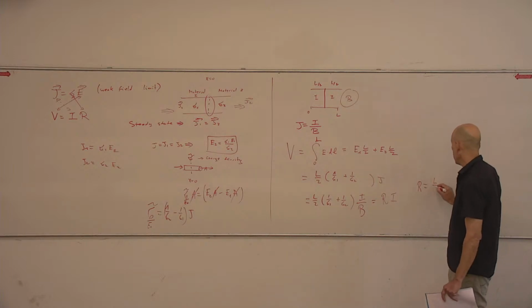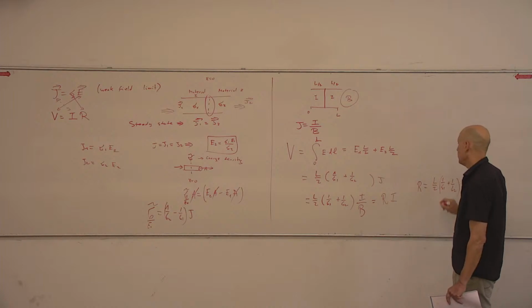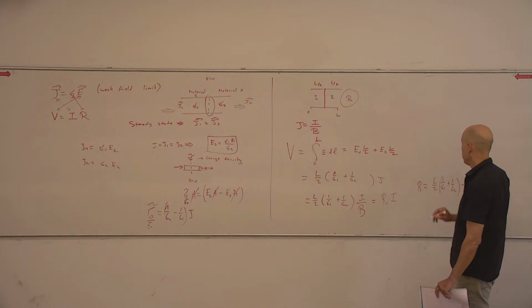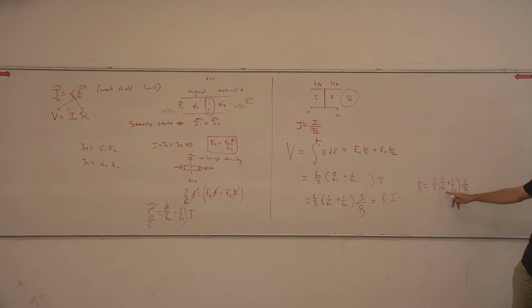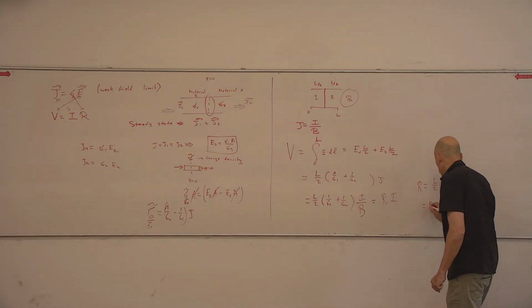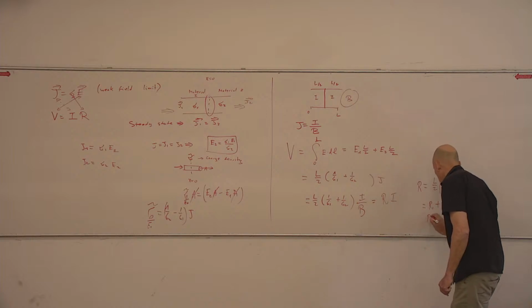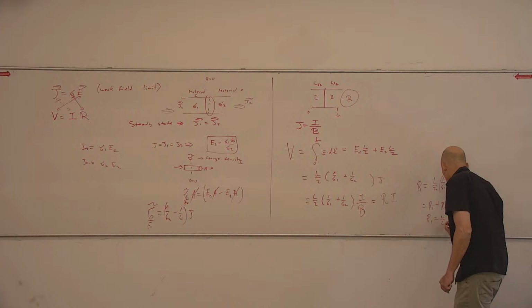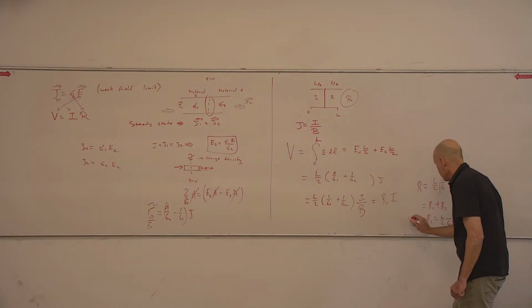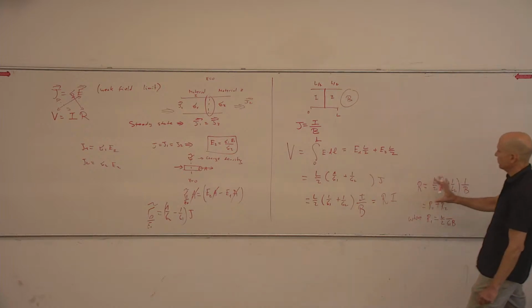It is L over 2, 1 over sigma 1 plus 1 over sigma 2, divided by B. If sigma 1 and sigma 2 would be the same, this 2 would vanish and then we have L over sigma B, which was something I think you know. But you also see here that this is exactly the addition of two resistances. This is R1 plus R2, where R1, and similarly R2, is L over 2 sigma 1 times B. So this is adding in a series.